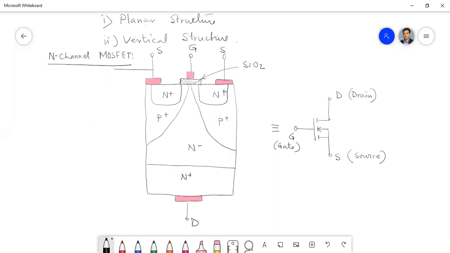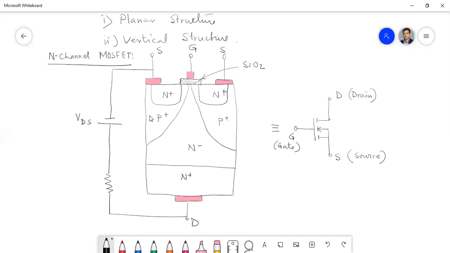And these two sources are basically the same, shorted because it's a circular one. So this is how it is biased.